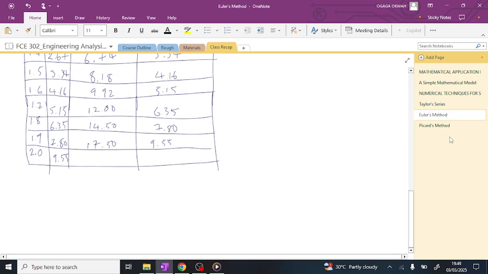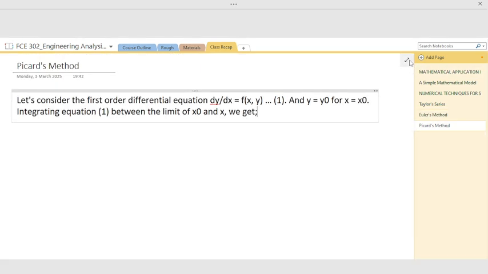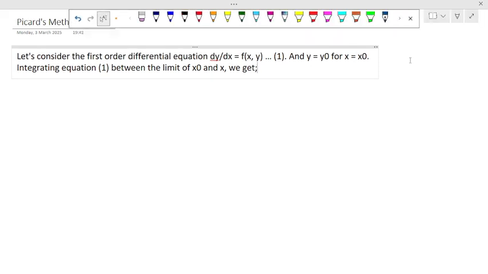So now in this video we're talking about Picard's method. For Picard's method, we consider the differential equation. This is a first order differential equation, which we take as equation 1. Say y equals y0 for x equals x0.